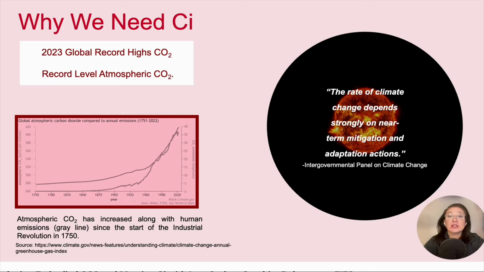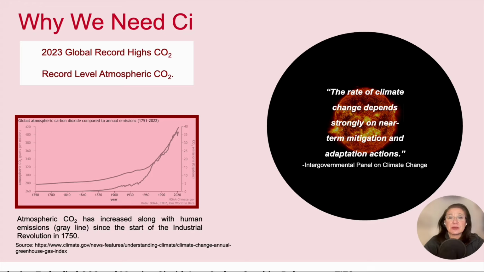NOAA has reported global atmospheric CO2 was increasing at a rapid rate and got a new record high between 2021 and 2022, by 2 parts per million in that 1 year. And so this is much more than occurs naturally.